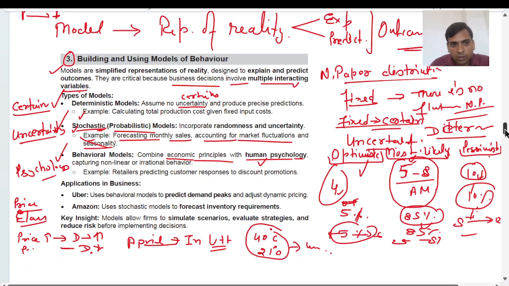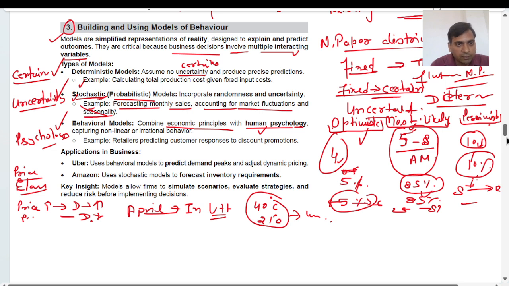Now, the next point, one more, applications in business. Uber's example: it uses a behavioral model to predict demand peaks and adjust dynamic pricing. The day before yesterday, I saw an advertisement of Uber.